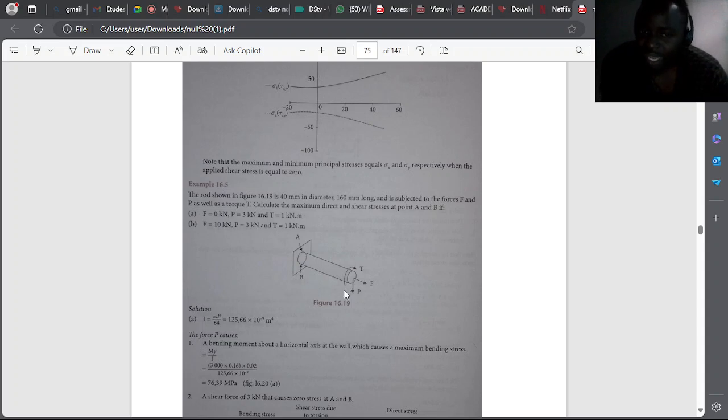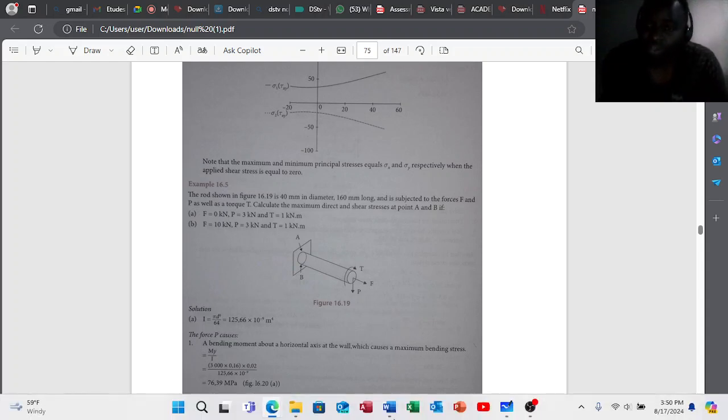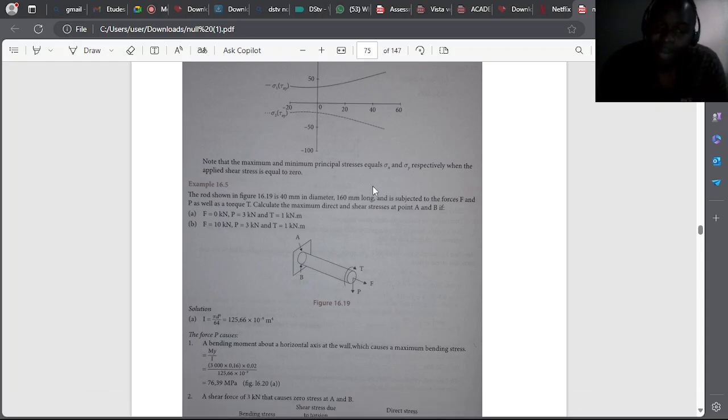What I'm trying to say is, in such a case, if the lecturer wants, he can include a torque, saying that no, this object is also having a torque, it is turning. Because you have a rod, it has to be specified, it has to be said. If it is not said, it simply means the force that you have is going to create a bending and is also going to create a shear.